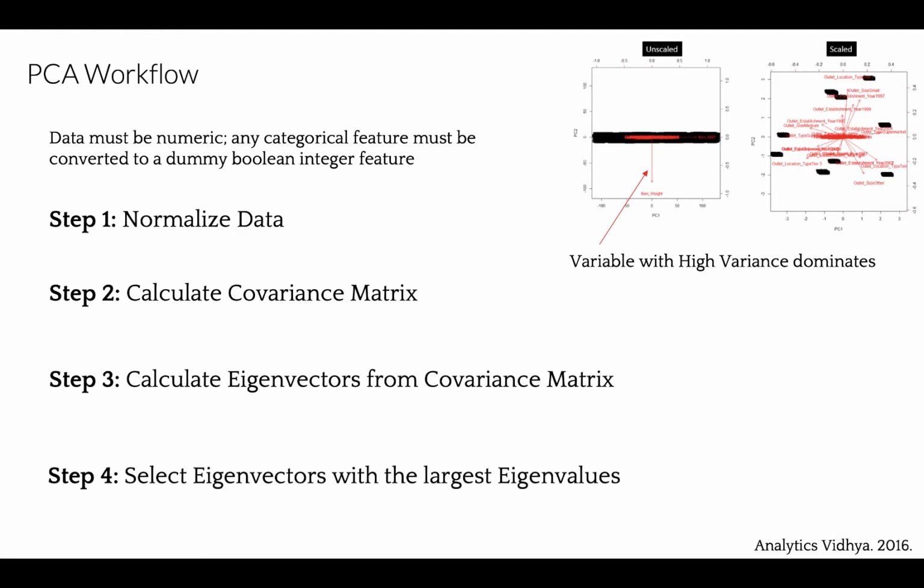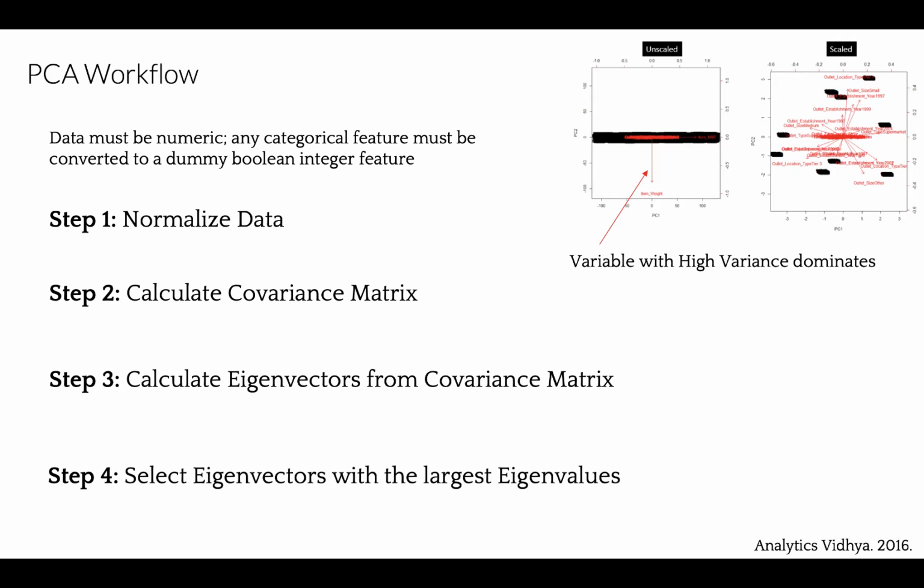This is a dataset with about 40 variables, but you can see on the left that the first principal component, marked PC1 on the x-axis, is dominated by one variable item, and the second principal component is dominated by another single variable item. This domination prevails due to the high variance associated with those variables, so we need to scale them.